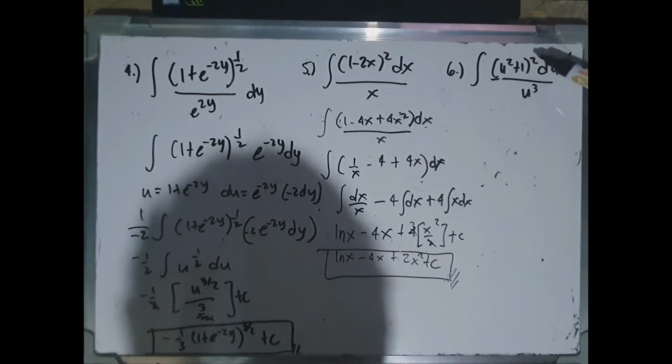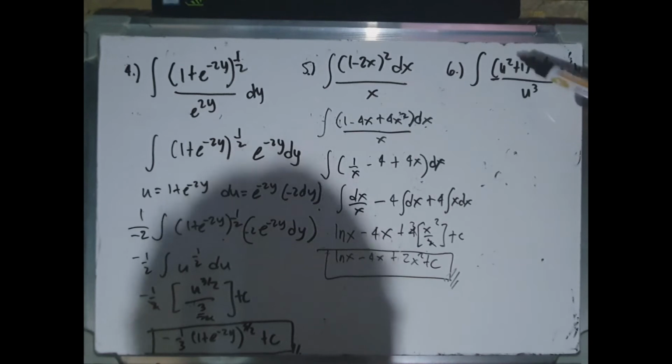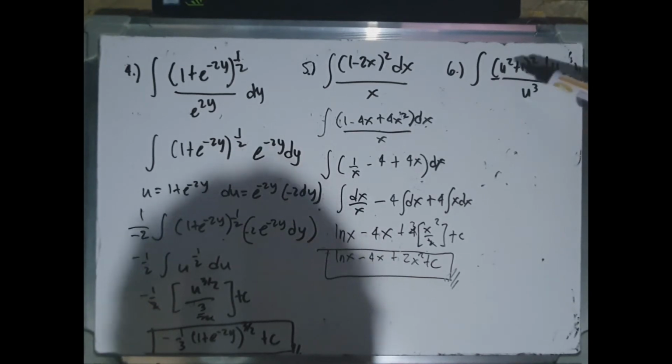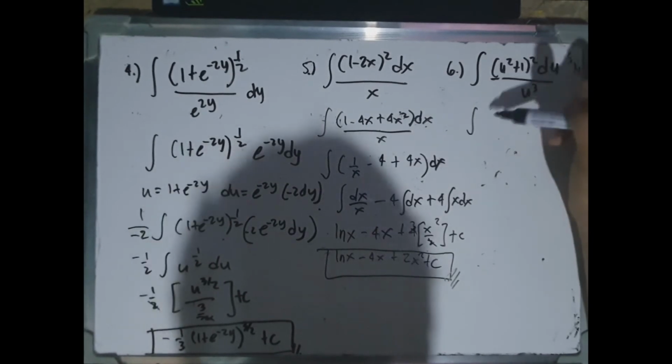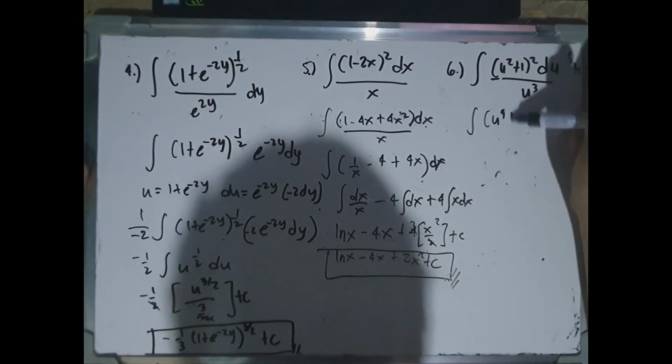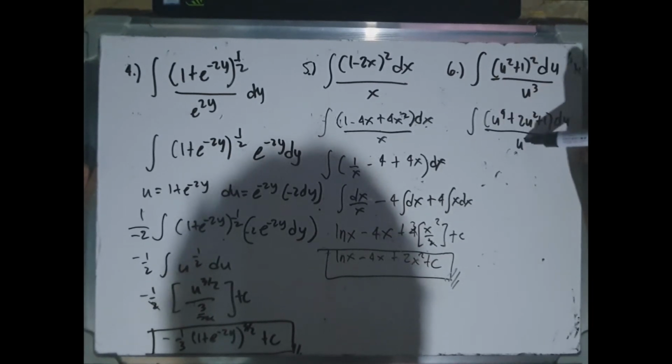So the process that we're going to do is to expand first this quantity. Okay, so we now have u to the fourth plus 2u squared plus 1 du all over with u cubed.